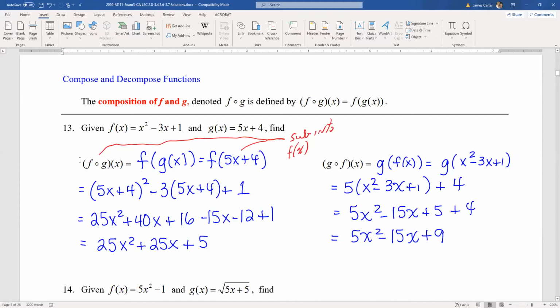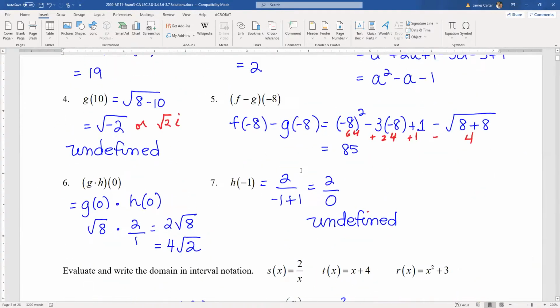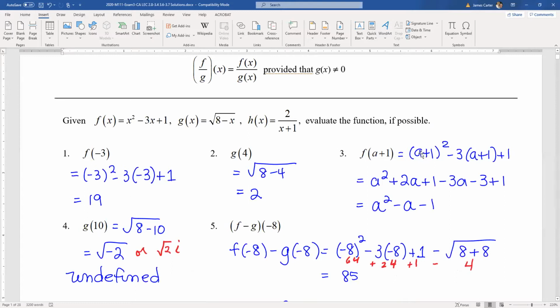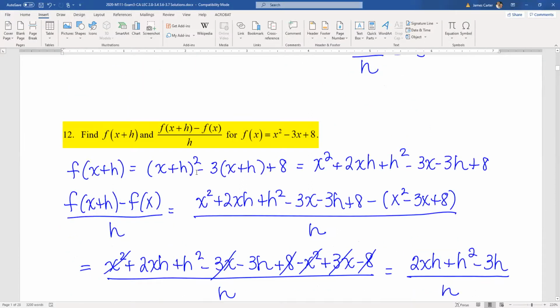What this statement right here means is we're going to take this G equation, which can be defined as G of X, and we are going to use that as a substitution value into everywhere there's an X in the F equation. In a sense, this is kind of like what we did up here, where we used the A plus 1 as a substitution into every X. It's a very similar process.